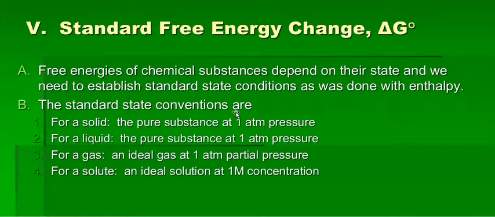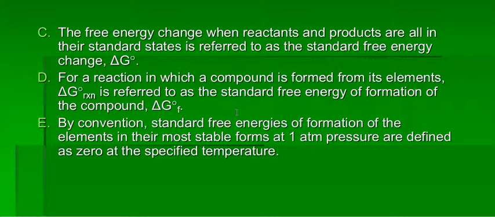Free energies depend on their state, and we need to establish standard state conditions. Well, for the most part, standard state conditions are measured at 1 atmosphere pressure, but for a solute, it's 1 molar concentration for the solution. The free energy change when everything is in their standard states is referred to as the standard free energy change, and we get a superscript to indicate that everything's in their standard states.